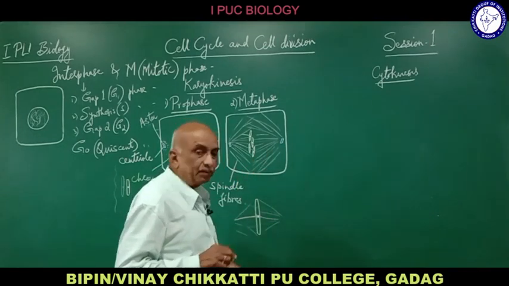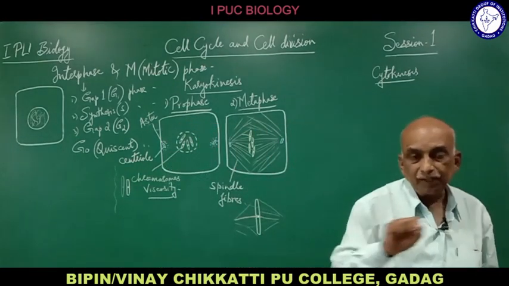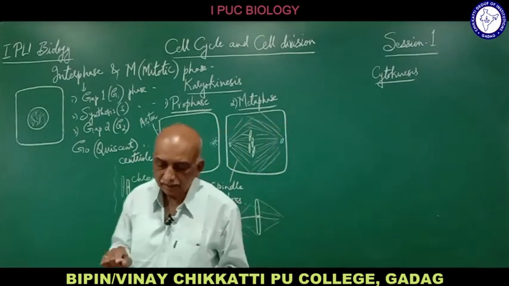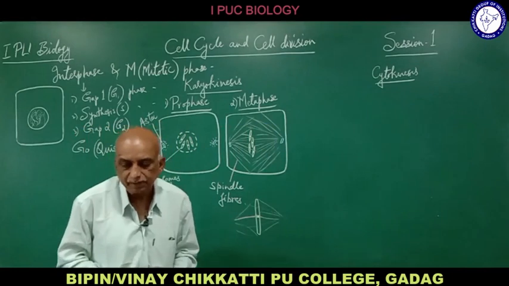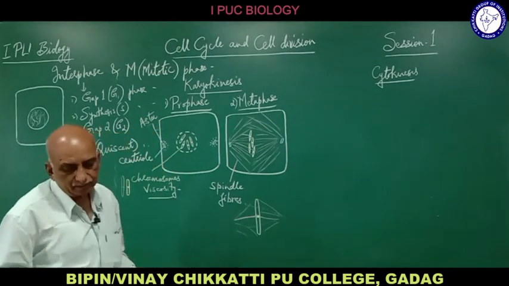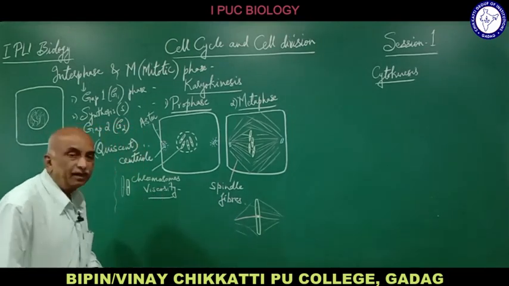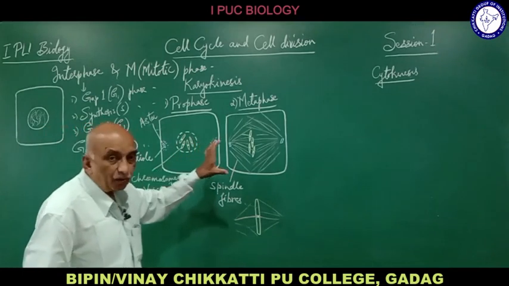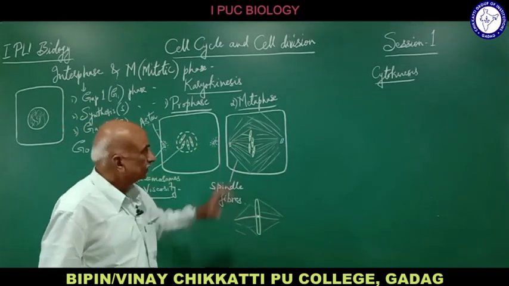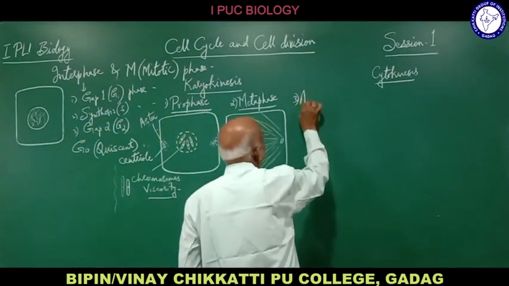The spindle fibers attach to the centromere and pull the centromere due to their contraction, and that is during metaphase. Chromosomes are very clear at this stage, and we can count the number of chromosomes. So that is the metaphase stage. In the third stage, that is anaphase.